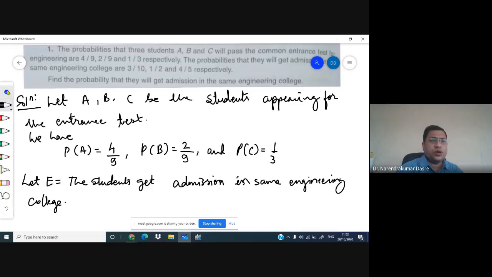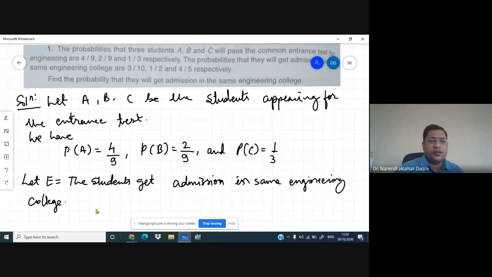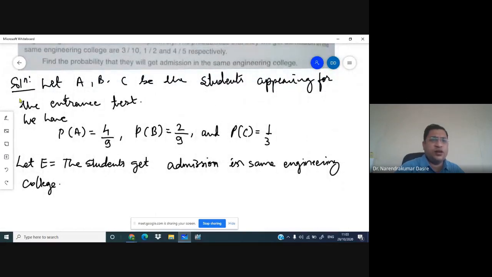Now, what is given? They can get admission only after passing the entrance test. That means the entrance test has happened and then they are getting admission. So this is the conditional probability of getting admission. The probability of getting admission when A has passed the entrance test is 3 by 10.